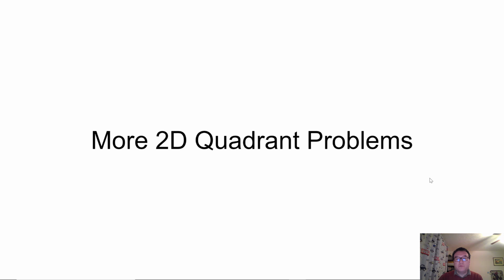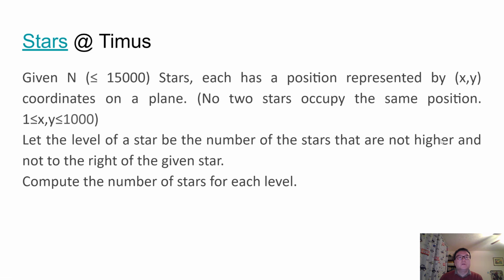Now let's look at a few more example problems. They all fall into this category of 2D quadrant problems. So this one is called Stars at the Timus Online Judge.